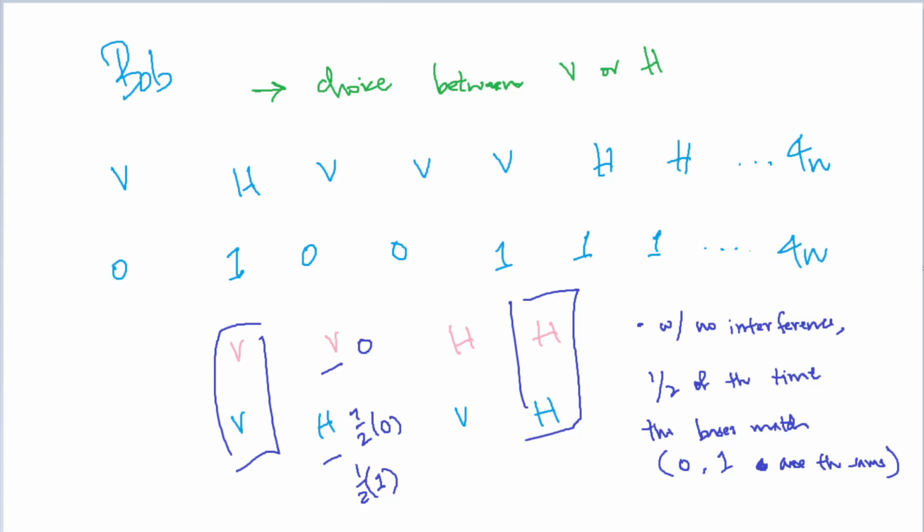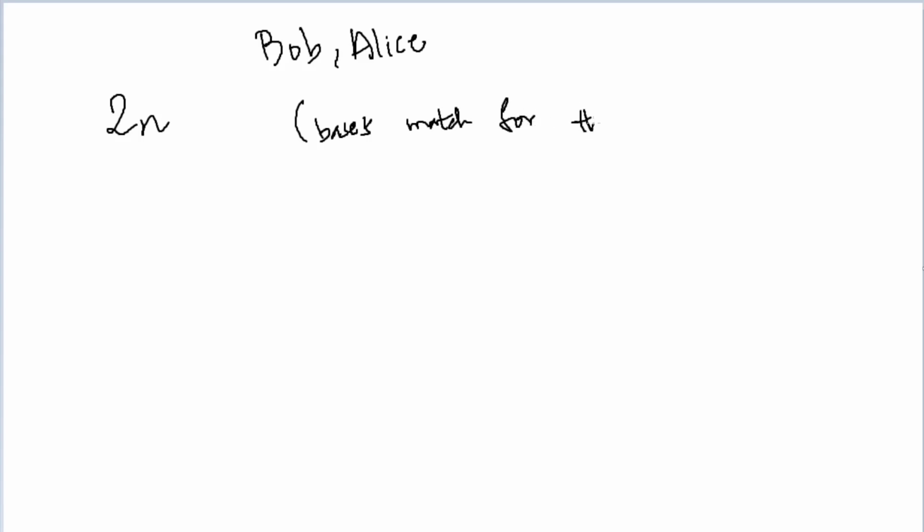As a result, we are left again with a string of length 2n, and both Alice and Bob have this string. They're going to keep only the bits where their bases match.